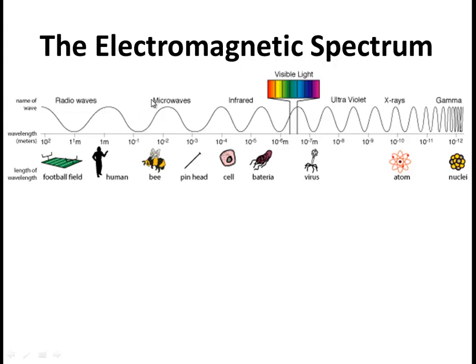And then when you get a little bit smaller, you get into waves that are about the size of a bee, or even up to about 30 centimeters. Those are microwaves. Then if you get smaller still, infrared. And if you get really small, here we're in the nanometer range, and there's a very narrow window of wavelength.